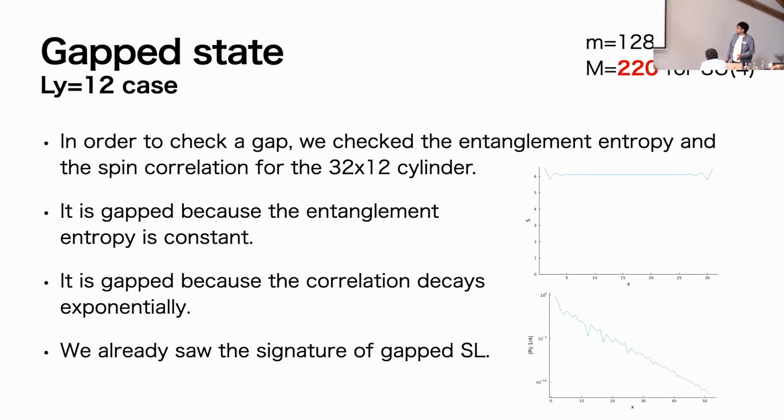So this means that the system is almost gapped. The lower graph is the spin-spin correlation in terms of the distance between two sites. By increasing the distance between two sites, the spin correlation decays exponentially, because this is a log scale. From these two results, we already see the signature of a gapped state, maybe a gapped spin liquid.